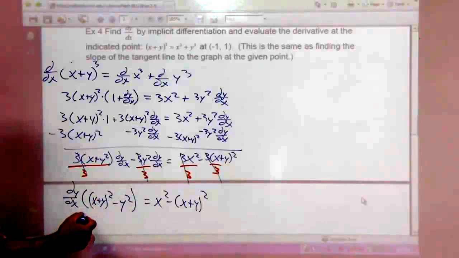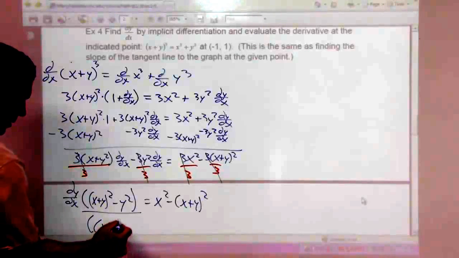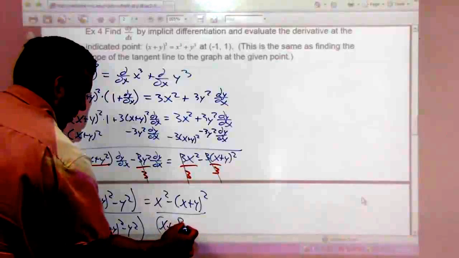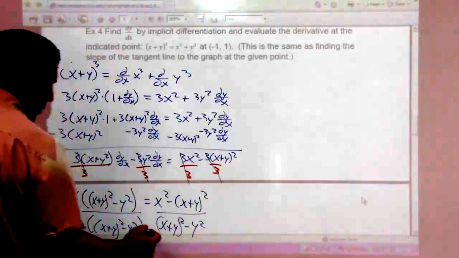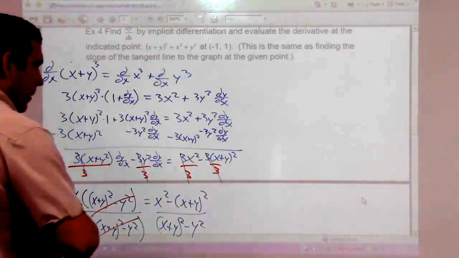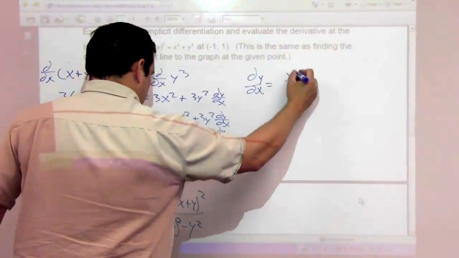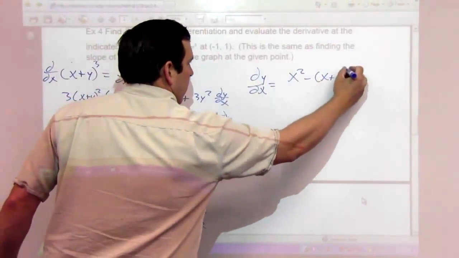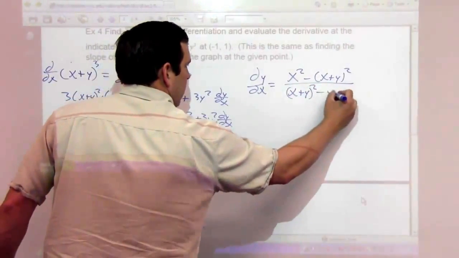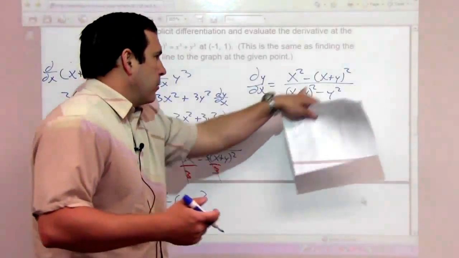And then we could just divide this through by (x + y)^2 minus y^2. So this part divides out. And we have dy/dx equals x^2 minus (x + y)^2 over (x + y)^2 minus y^2. And if you really like to play with the algebra, we could expand these two parts here.